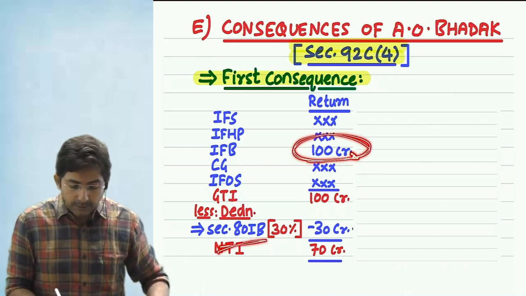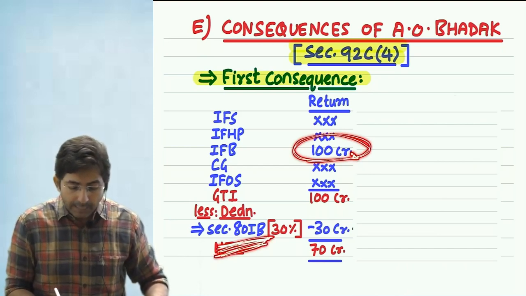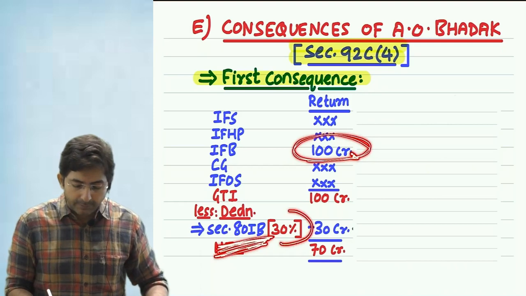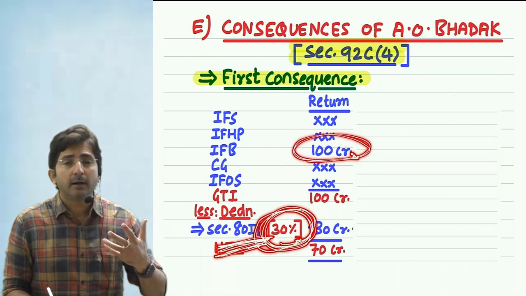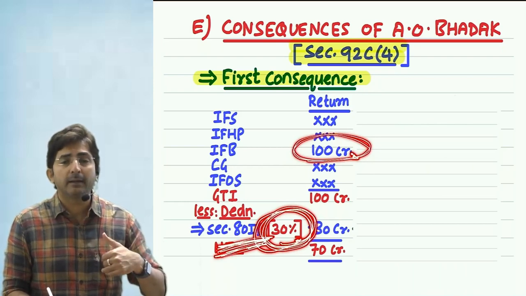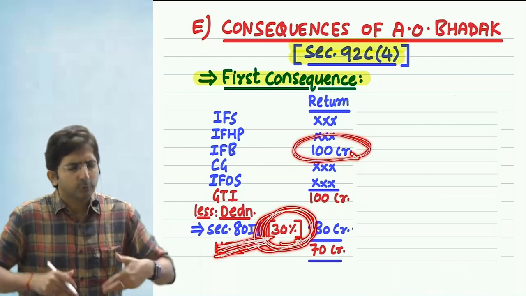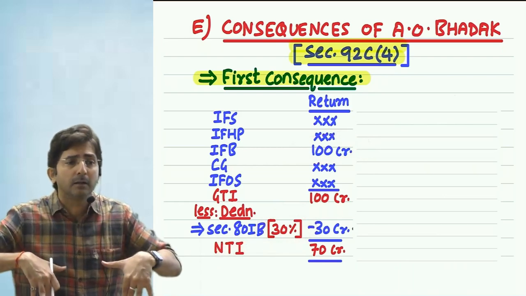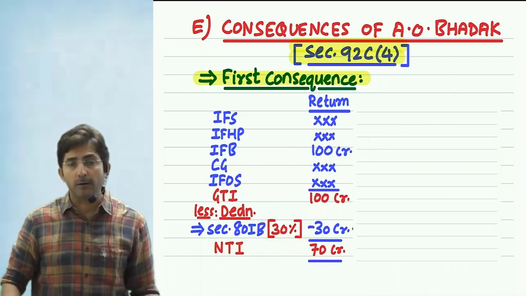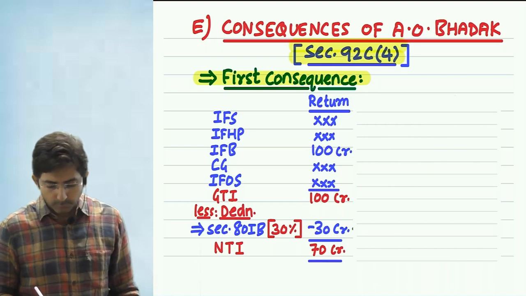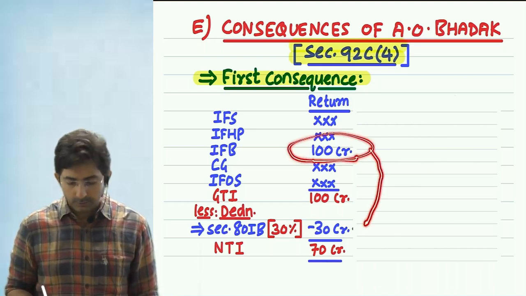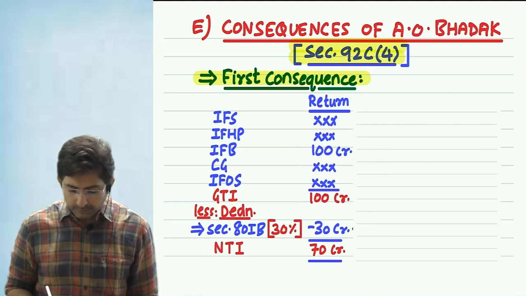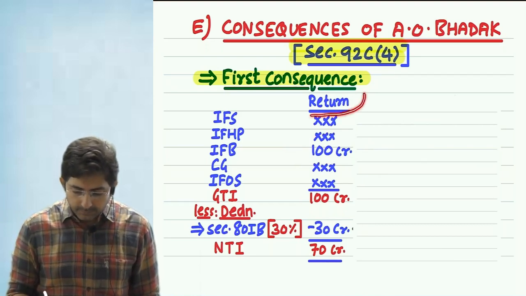That's why he is eligible for deduction under 80IB. And can you see I have written 30%? What did I say some time back? Some assessees get 100% deduction, some get 30, some 25. So let's assume in my example, assessee is eligible for 30%. So tell me, what is 30% of 100 crores? 30 crores.